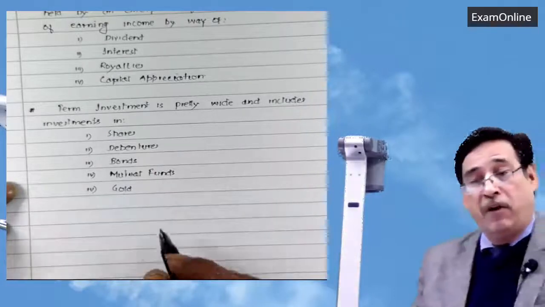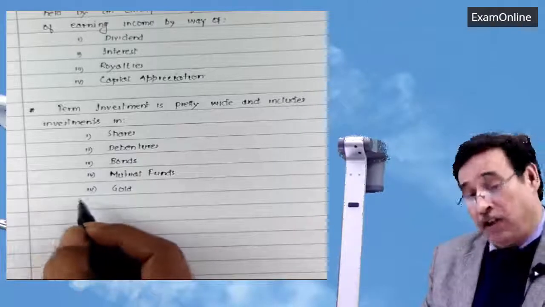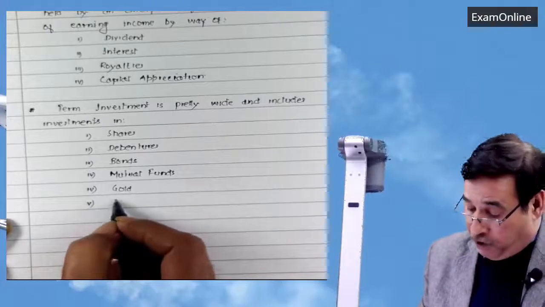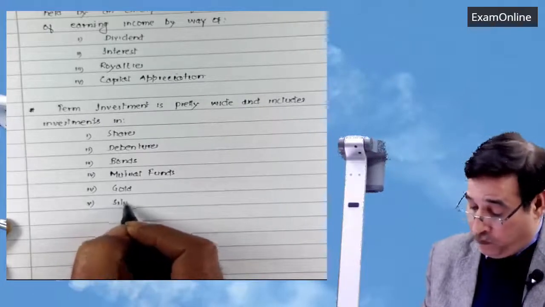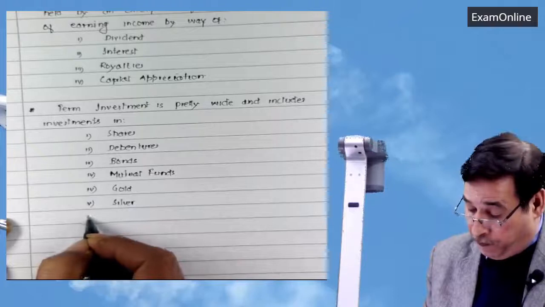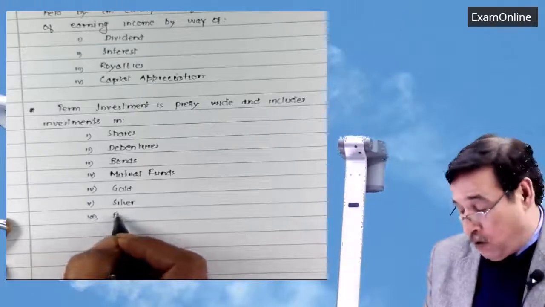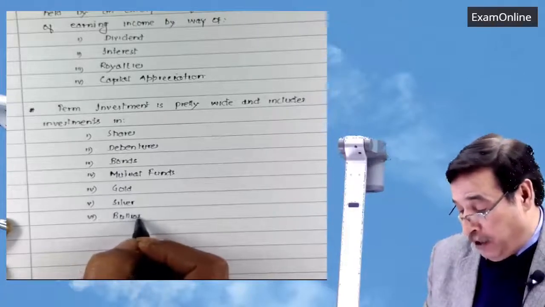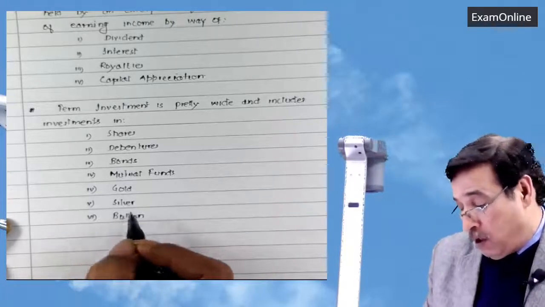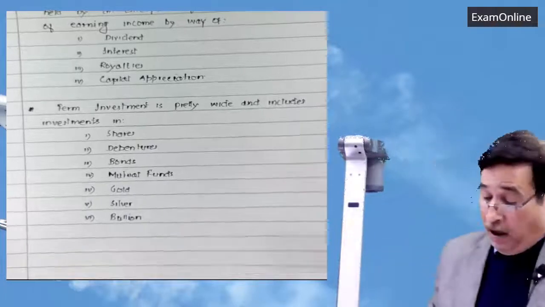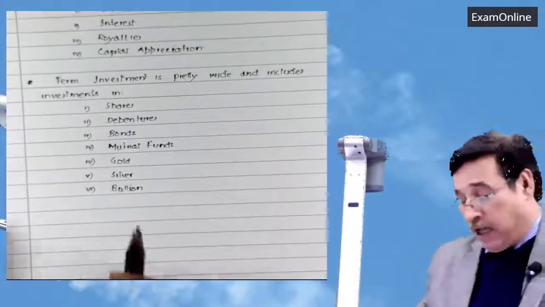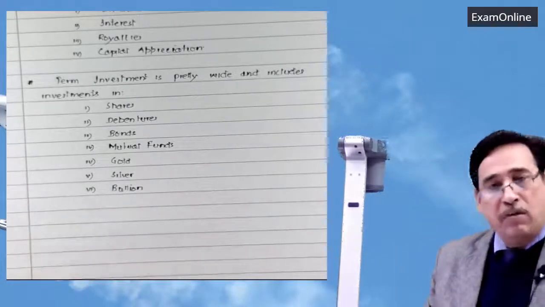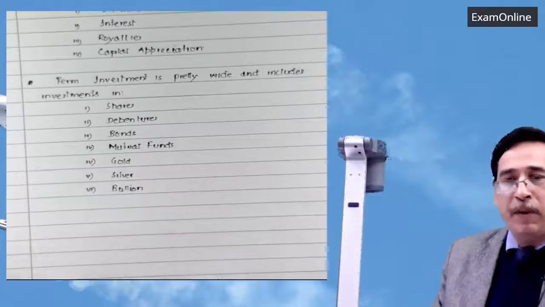However, the term investment also includes investments in gold. Nowadays, you have heard about electoral bonds. So even investment in electoral bonds is an investment. Gold, then investment in silver, bullion. So investment has many facets. It has both tangible and intangible nature. Correct? And one important point I would like to bring to your notice, because I'm not writing it over here, is that investment also includes investment property.